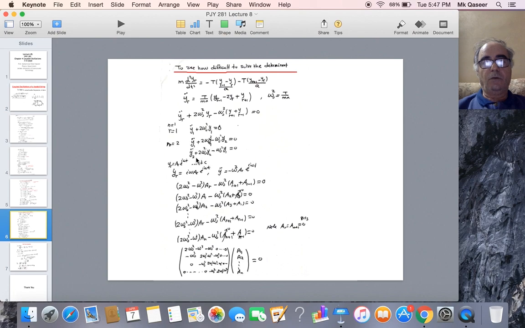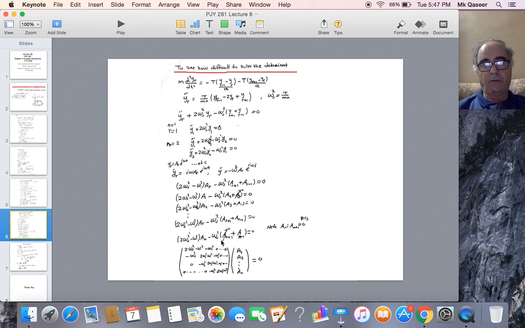We get two equations. We know that y sub r is A sub r e to the i omega t. Now for n masses, we get n equations of this form. You have to put 1, 2, A0 is 0 because the left end is fixed, up to A sub n plus 1.